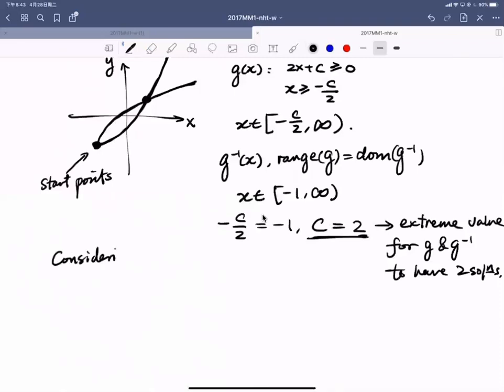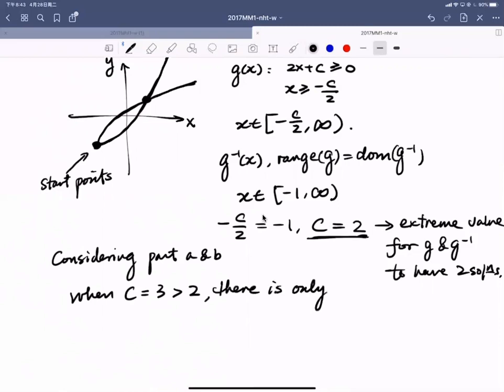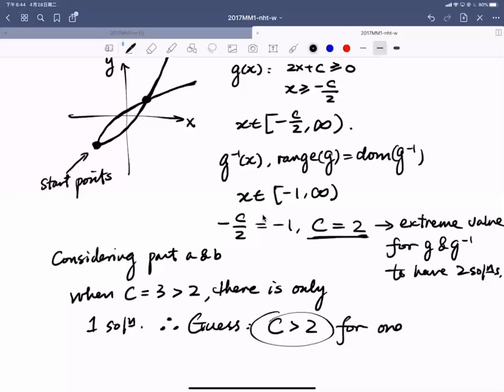Considering part A and B, when c equals 3, which is greater than 2, there is only one solution. So we can guess c greater than 2 for one point of intersection.